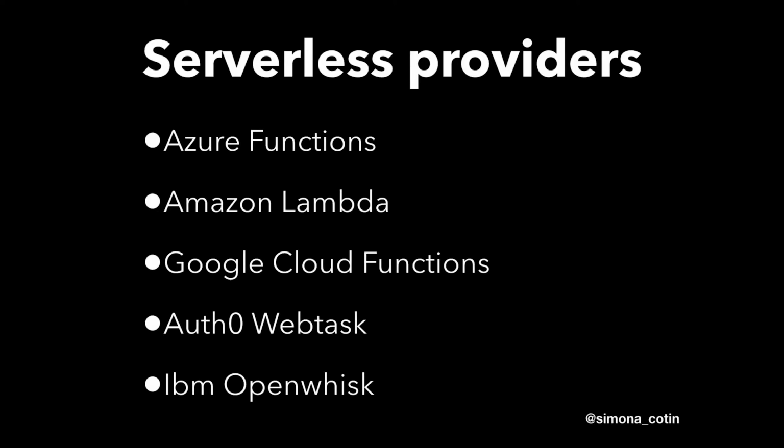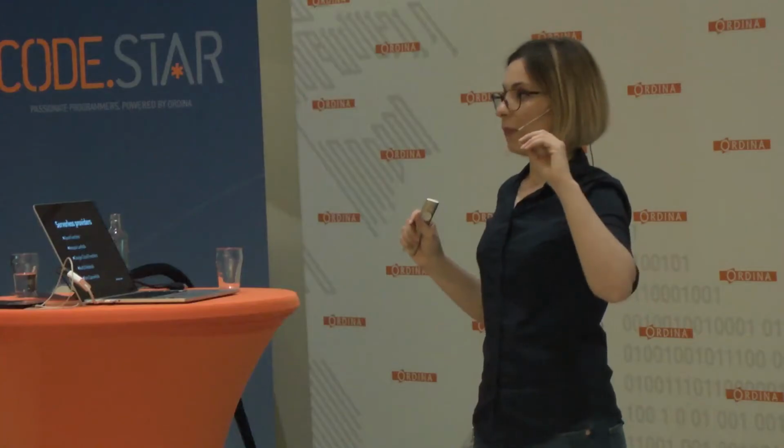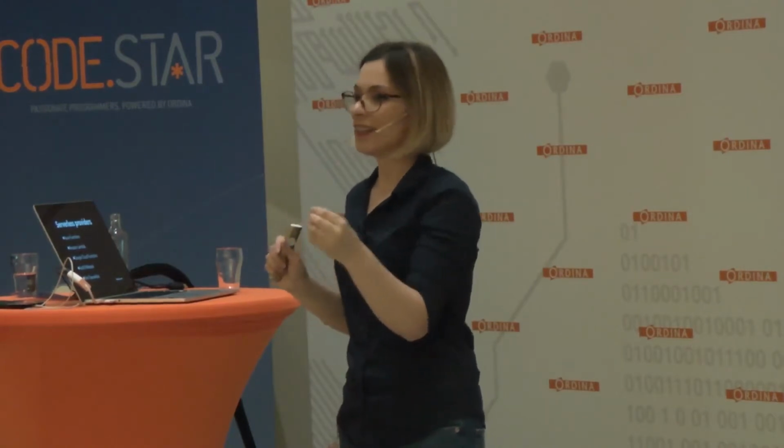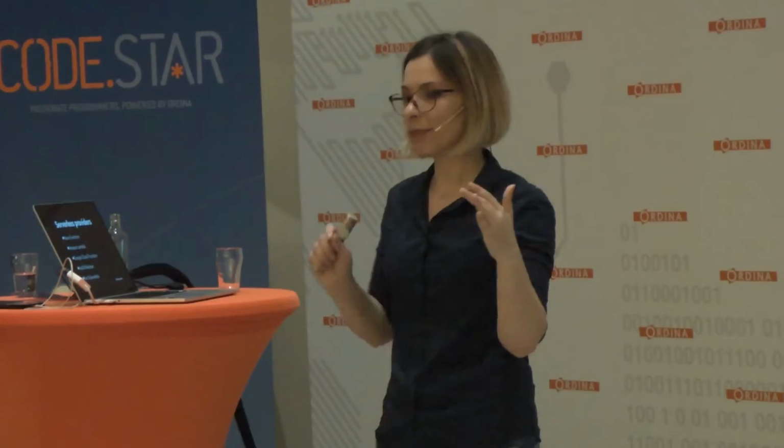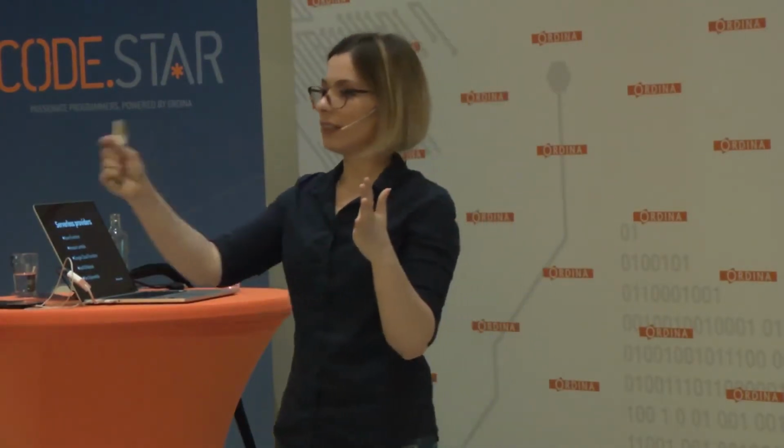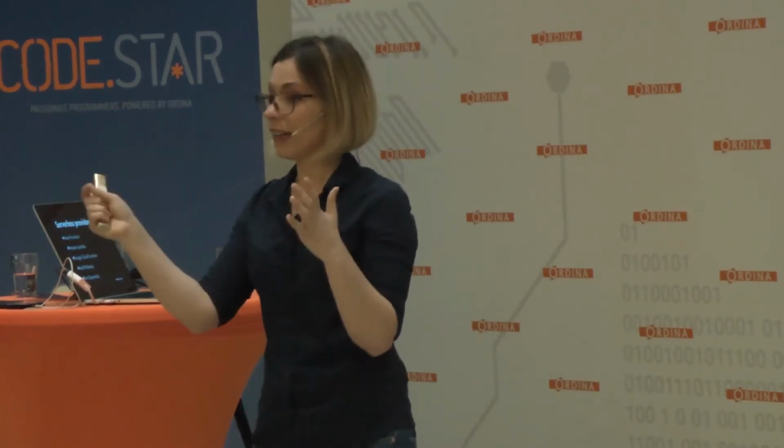The serverless providers are Azure Functions, Amazon Lambda, Google Cloud Functions. I think they're still in beta. Auth0, WebTask. WebTask was created because of the need whenever we're doing authentication. Most of the time people had to handle events like signing in or signing out.